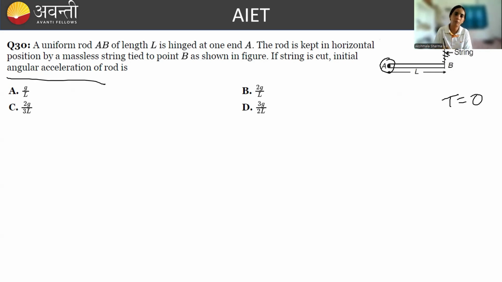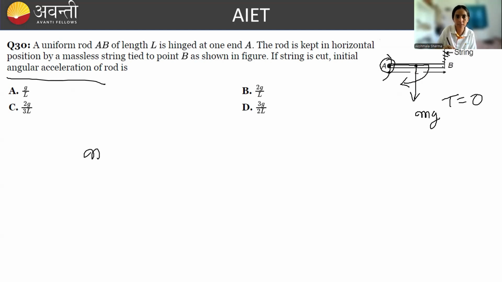So now let's see, when the string is just cut, this rod will start rotating around this fixed hinged point. And when it is just cut, what is the torque acting? Tension is becoming zero. So gravitational force will act in the downward direction, mg, and its torque around the axis of rotation will be r cross mg.